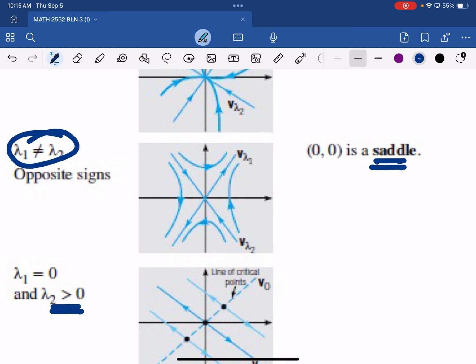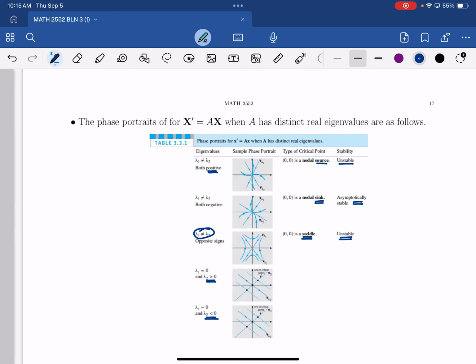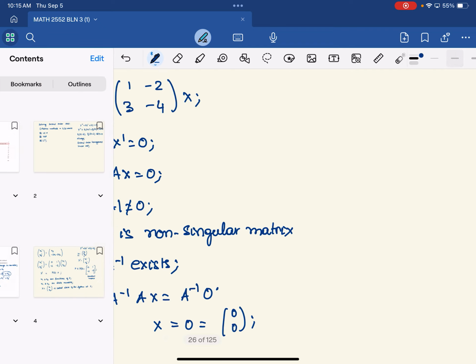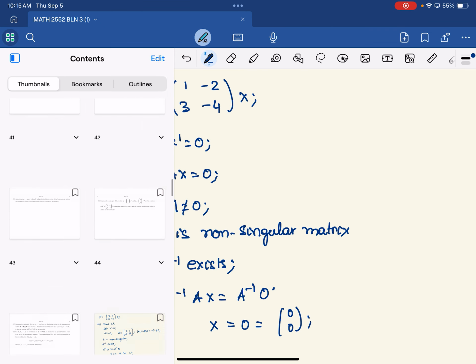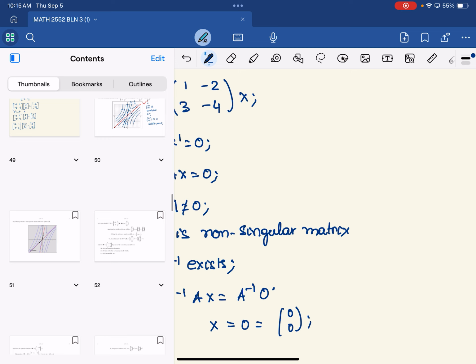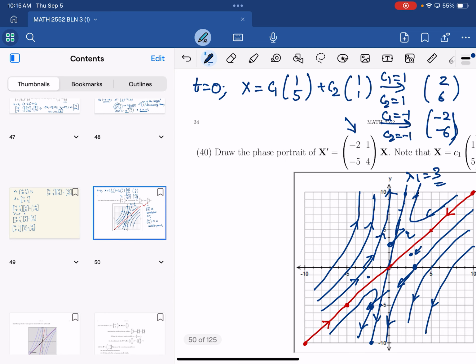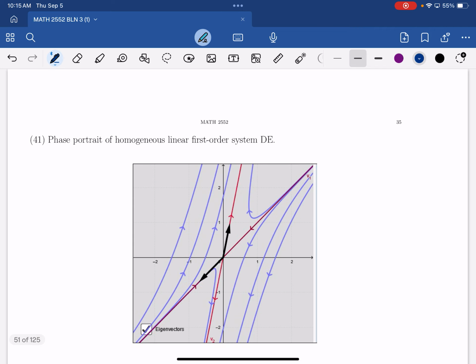This is a typical scenario, and that is exactly what we got in this problem as well. And using the computer, that's how the simulation would look. Clear? Any questions?